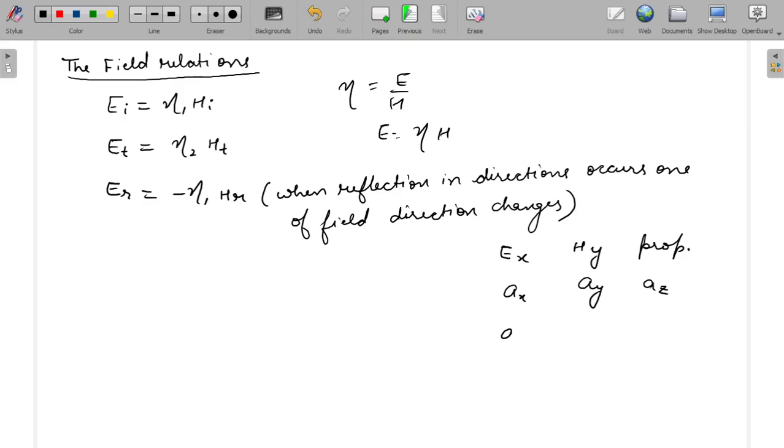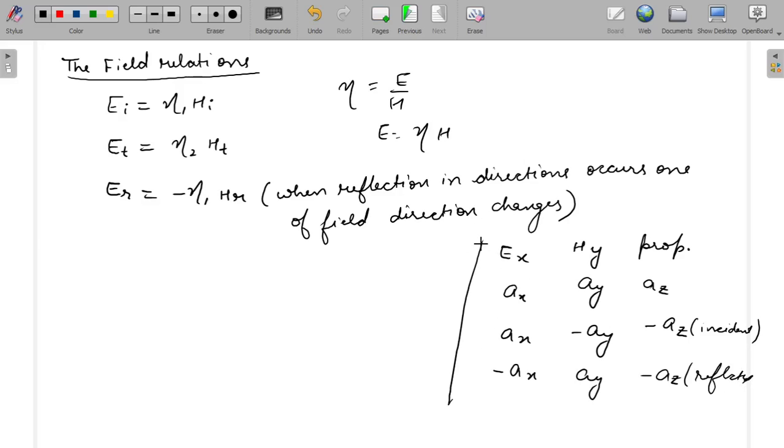When our electric field is in the Ax and magnetic field in the minus Ay, then propagation is in the minus Z. This is incident. When it is in the minus Ax direction and Ay direction, then it will be minus Az, that is reflected. This is just for reference. You must be knowing this because we have already studied how to find the direction from the E and H field directions.